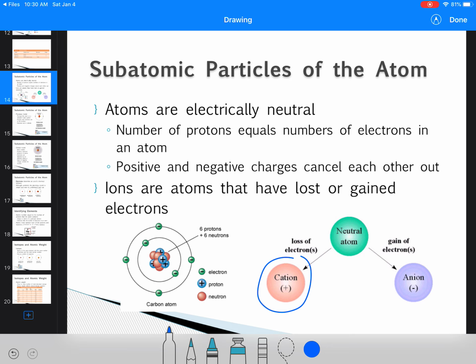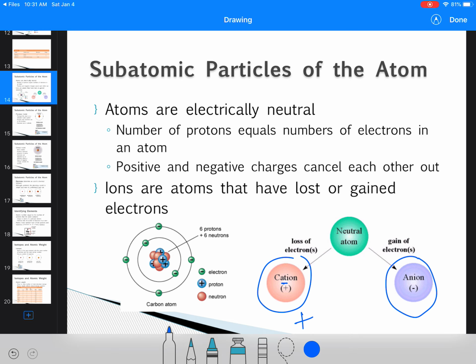Now, atoms that gain extra electrons, that means they are gaining negative charges. So the overall charge of that atom is going to become more negatively charged, right? So a negatively charged ion is called an anion, okay? So the way I remember this is cation has that T in it, right?